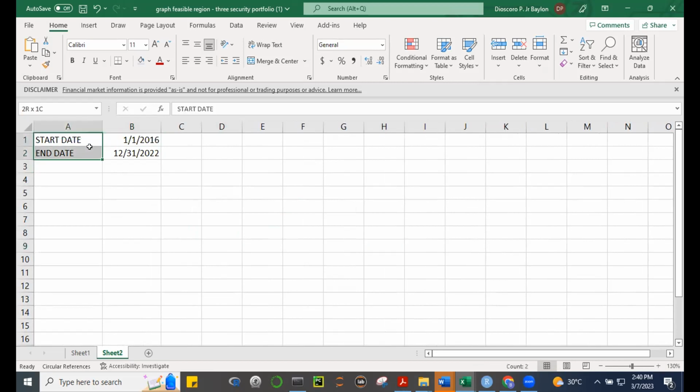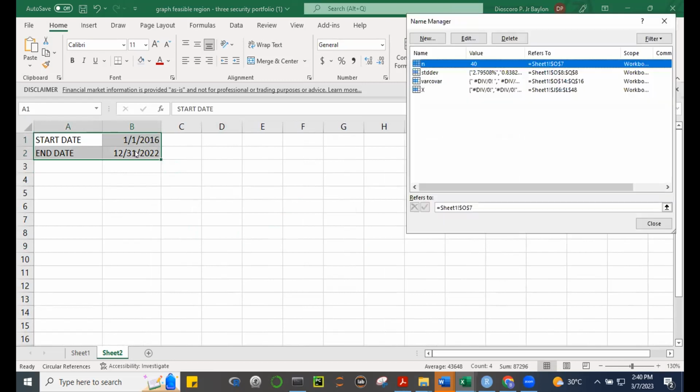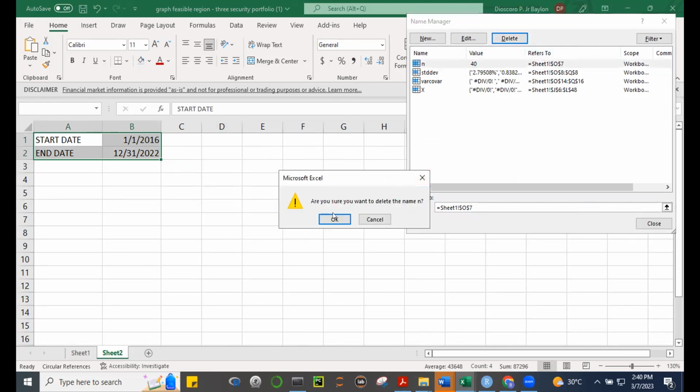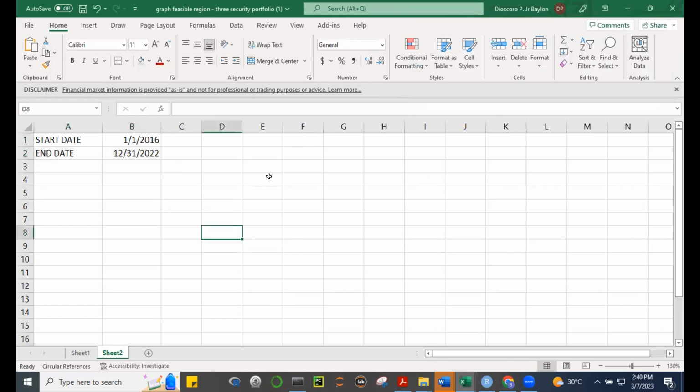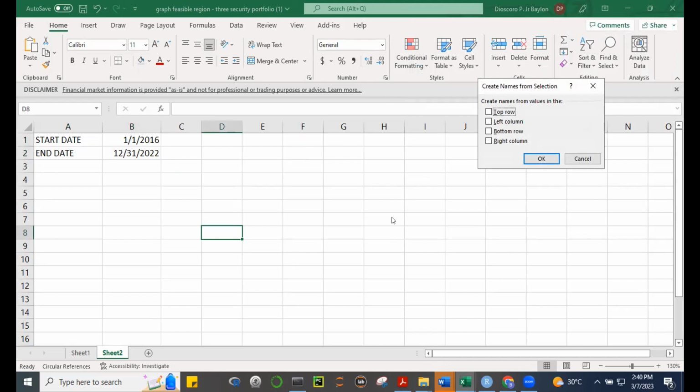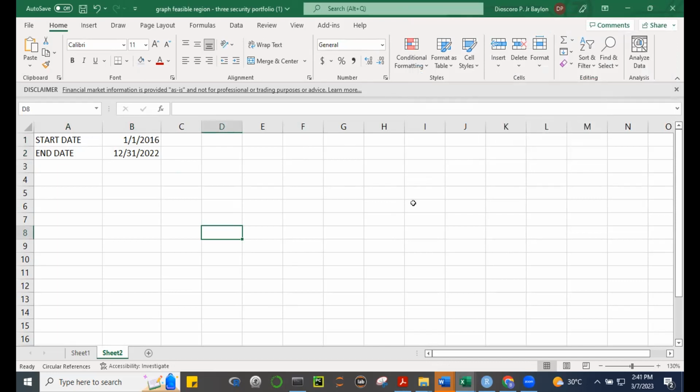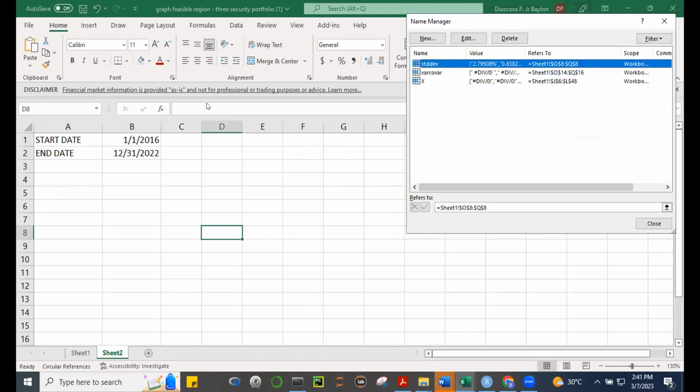Okay, so let's give this a name. I'll highlight this. Control F3, wrong. I think I should delete all of this first, so that there will be no conflict. Let me delete the existing names here.